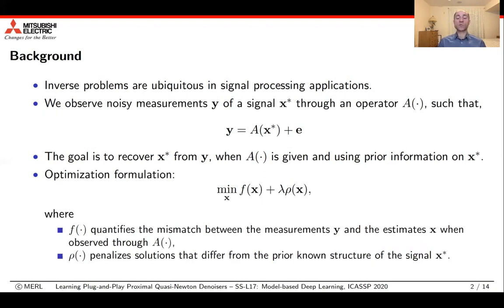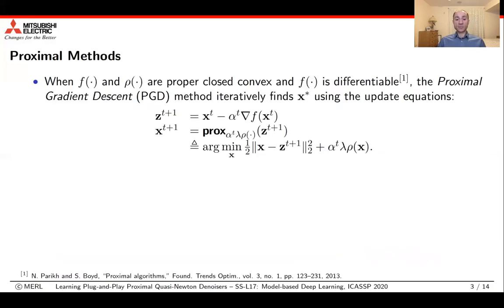And here, f of x quantifies the mismatch between the measurements and intermediate estimates of x as observed through A, whereas rho penalizes solutions that are far away from the prior structure that we think x should have. In order to solve such optimization problems, proximal methods have been very effective and computationally efficient.